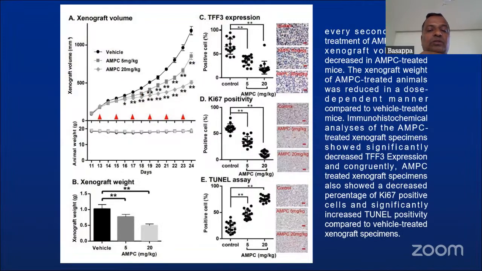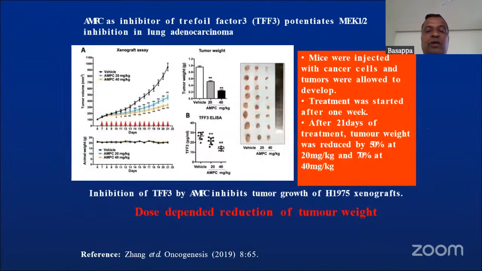These are the in vivo data which we have reported, in some of the papers highlighted here, in Nature Oncogenesis in 2019, where we have shown that the AMPC inhibitor potentiates MEK inhibition in lung adenocarcinoma. So in other tissues also, the AMPC compound could exert its anti-cancer effect.